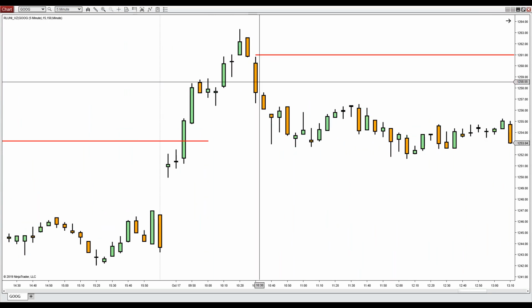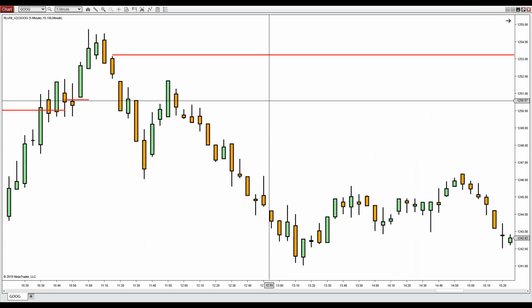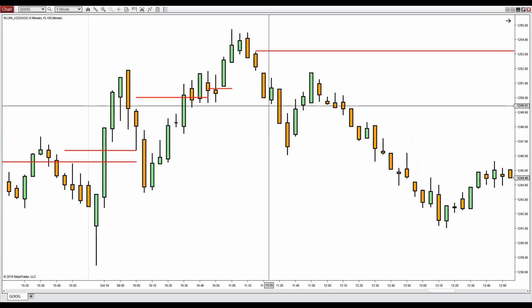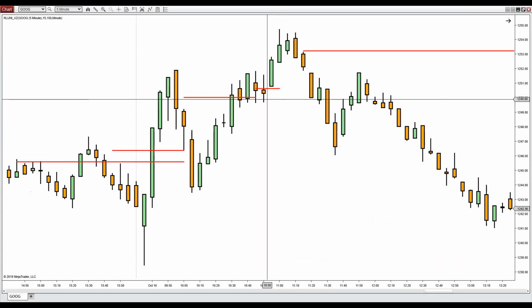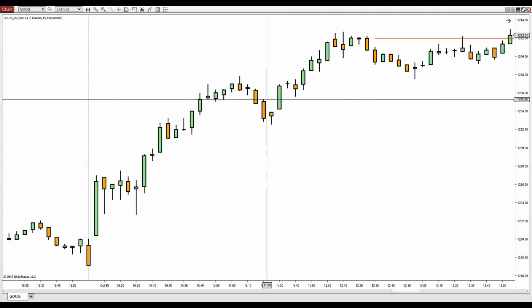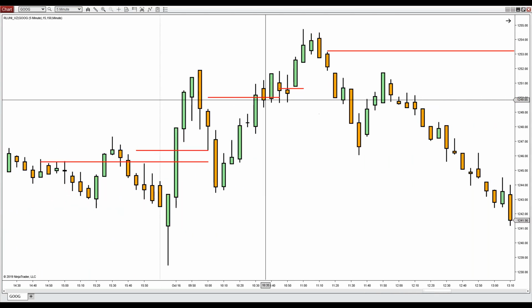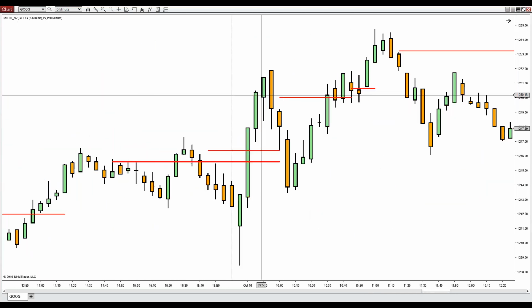Now that was created. What we want to do is look at areas that were already there at the time that the trade occurred. Let's see.